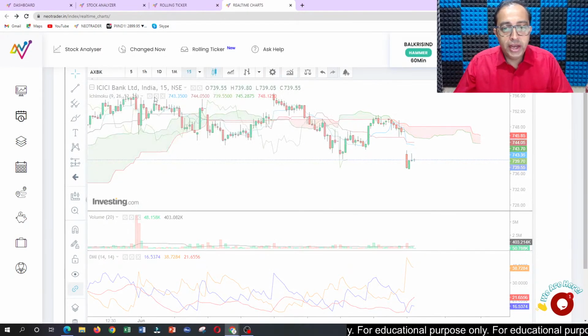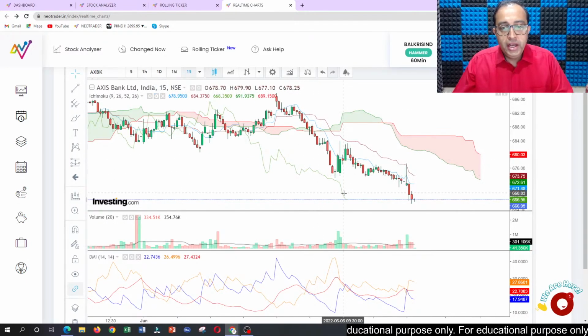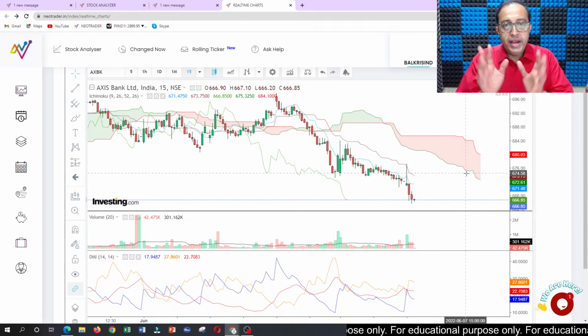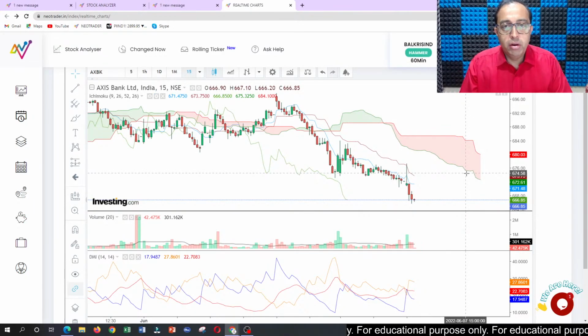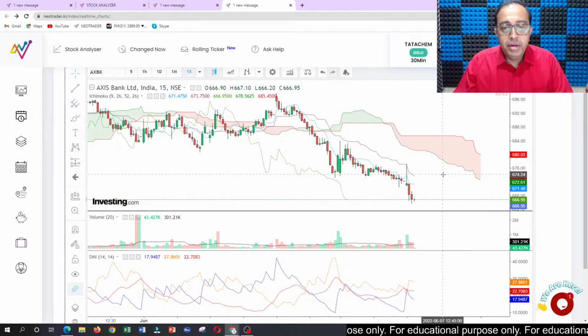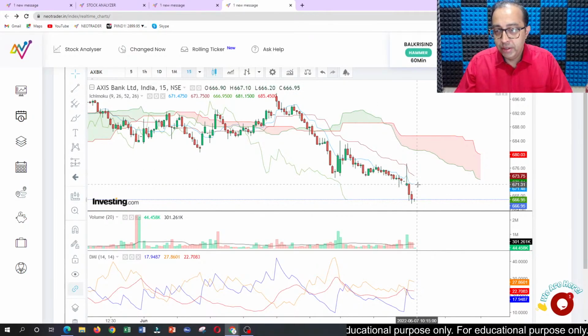Let's take a look at Axis Bank also. Yes, Axis Bank also is showing some more weakness. So amongst the banks, Kotak Bank and Axis Bank would be shorting candidates, and between Kotak and Axis would be a better one where the moves are beginning to emerge on the downside, right.